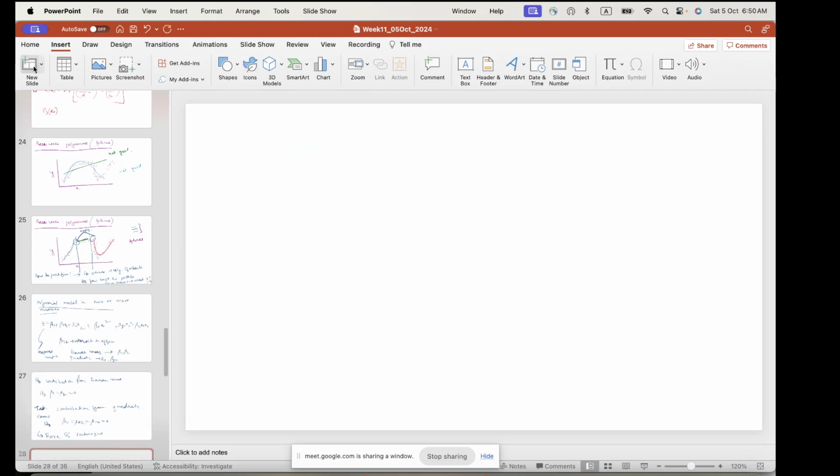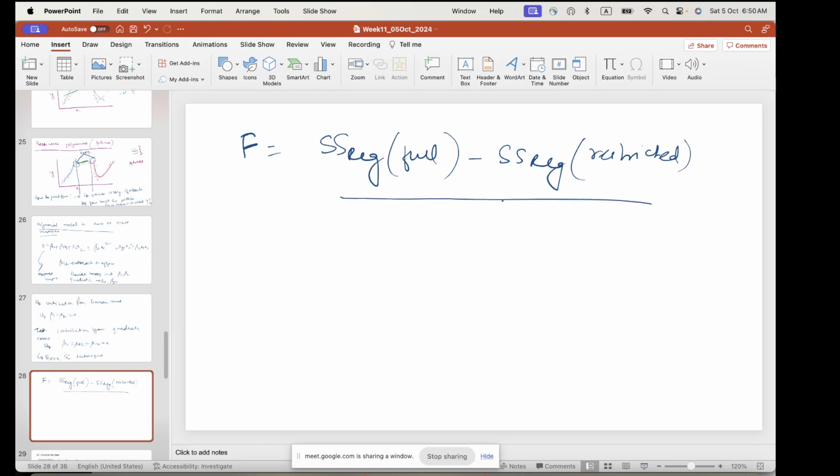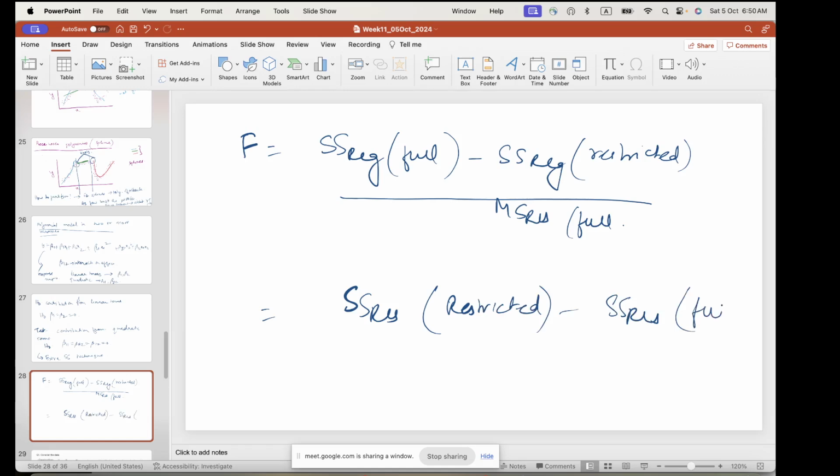To remind you, F will be SS regression full minus SS regression restricted by MS residual full, or in other words, SS residual from the restricted model minus SS residual from the full model, divided by r, the number of parameters that we are testing.